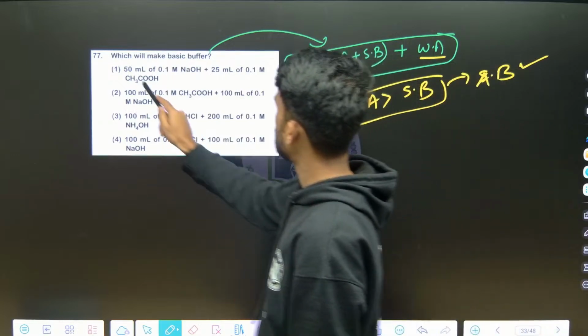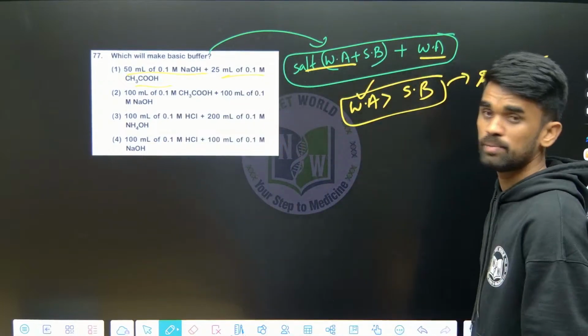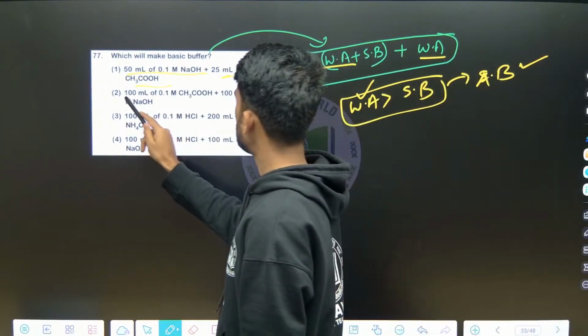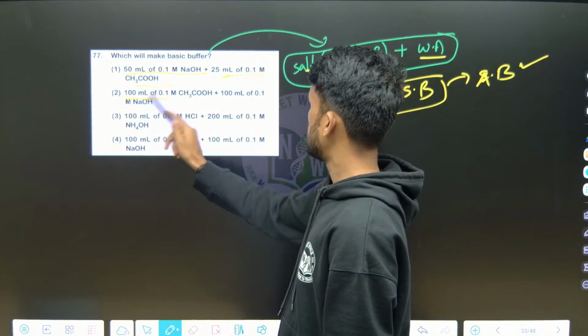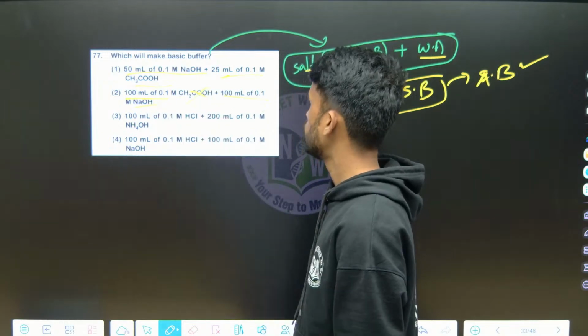So here 50 ml NaOH, 25 ml, no. What I told you, the weak acid quantity will be more. See, 100 ml of 0.1, so how much is it? 10 millimoles. Here this is also 10 millimoles, equal quantity, so we'll ignore that.